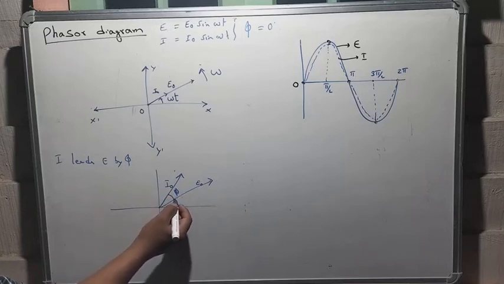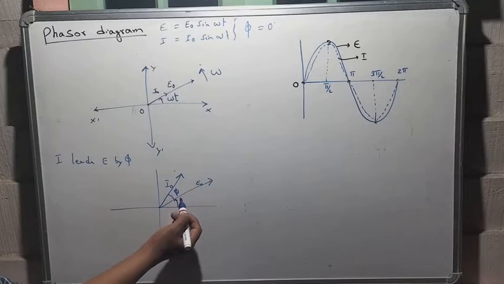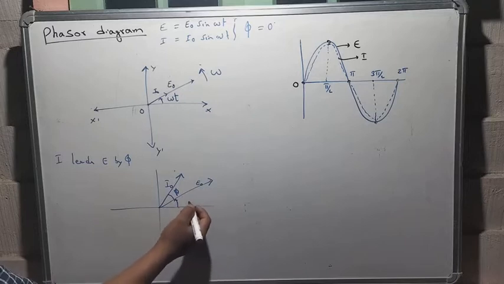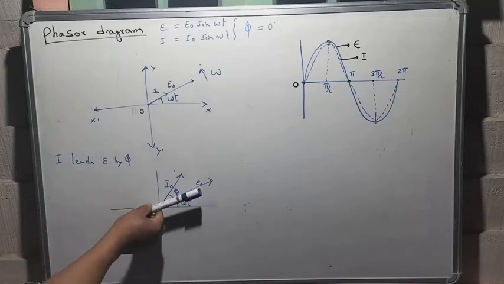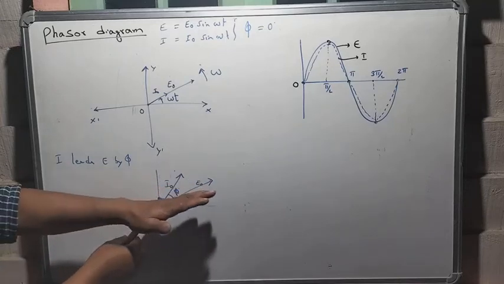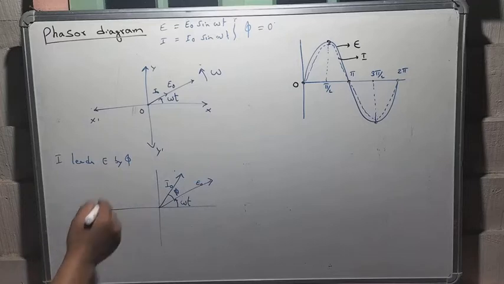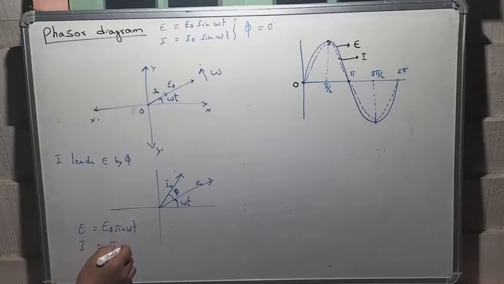And the angle that this E naught makes with the horizontal line or reference line is omega t. So when the current leads the EMF, it means the current is going faster than E naught. In that case, the equations will be E equal E naught sine omega t, and I equal I naught sine omega t plus phi.